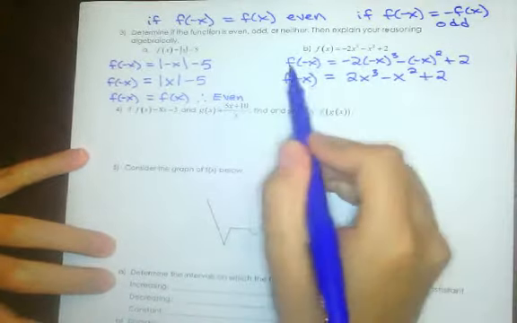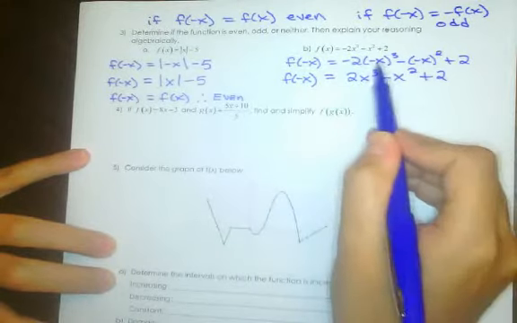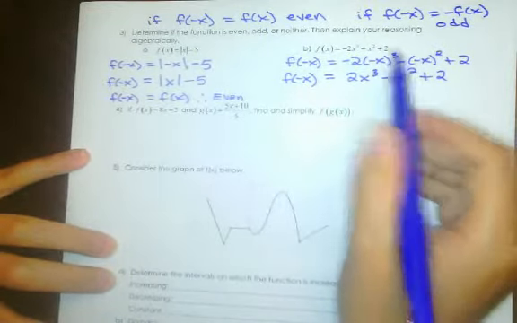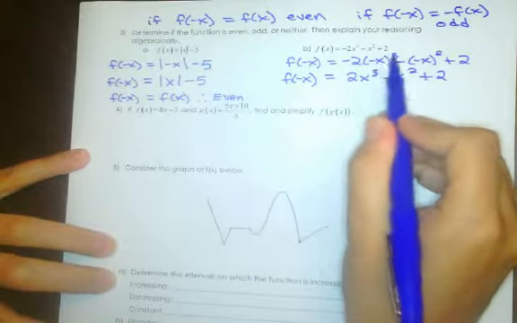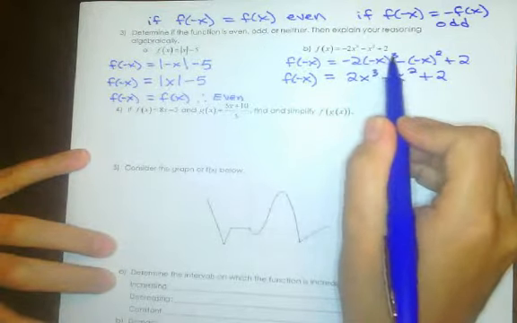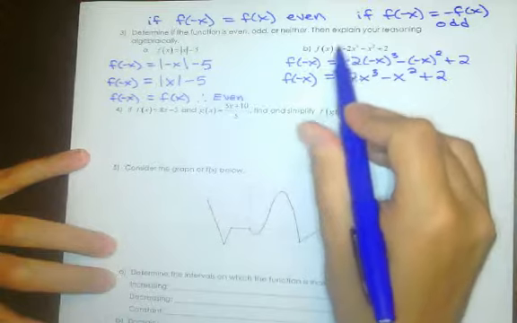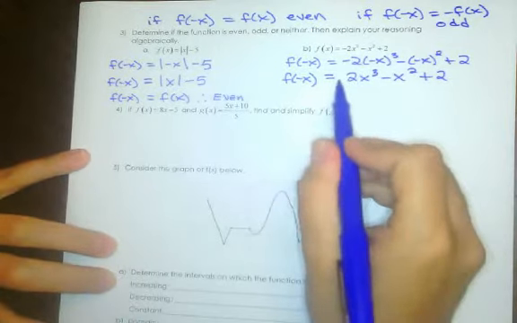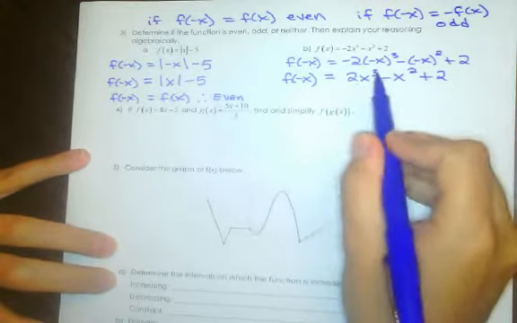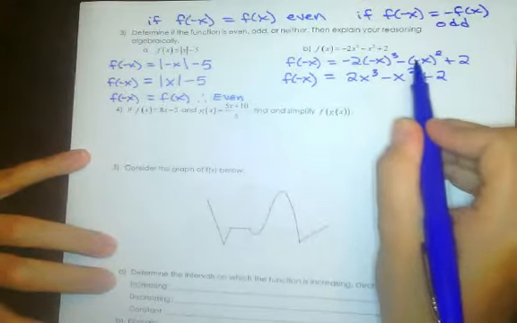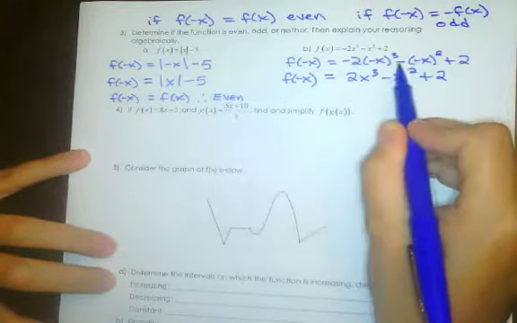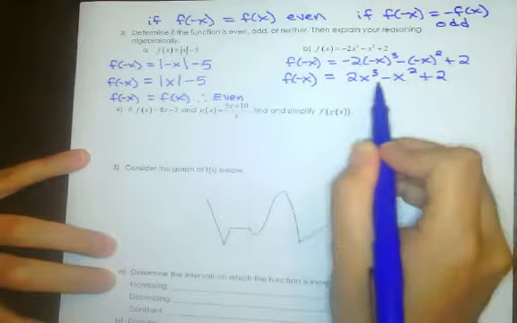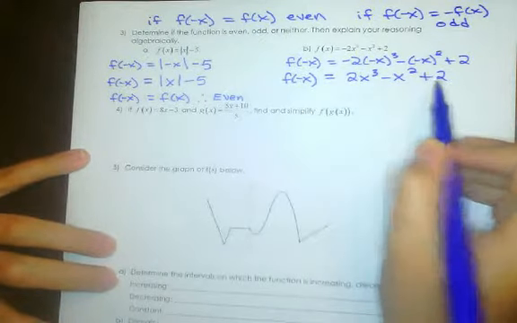Over here, when I plug in a negative, wherever you see an x, put it in parentheses, okay? So be careful. When you cube a negative, it's still negative. So a negative x cubed times a negative 2, because that 2 is negative, gives me a positive 2x cubed. Over here you have a negative squared as a positive, but then it's negated here, so you have negative x squared, and a plus 2 is a plus 2.